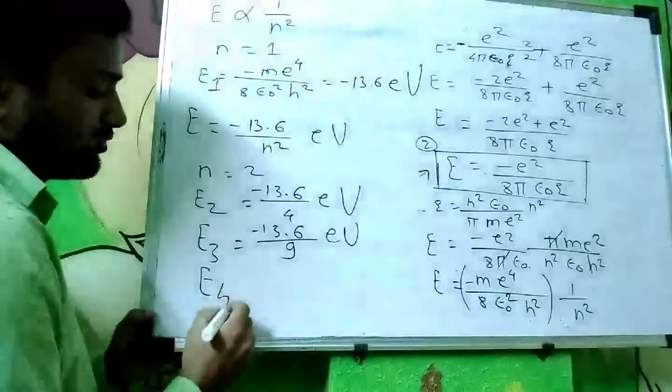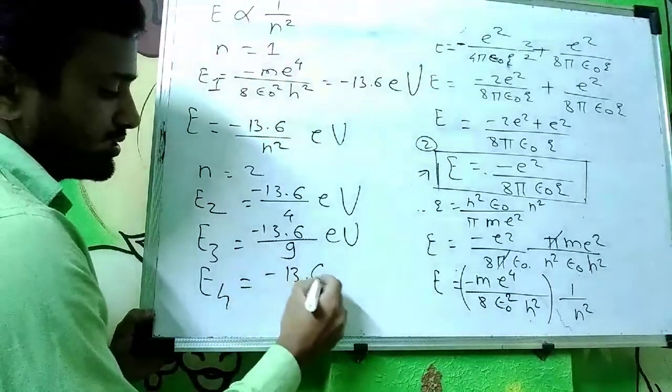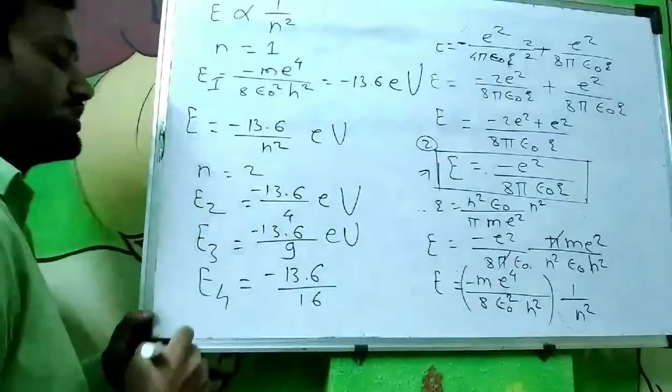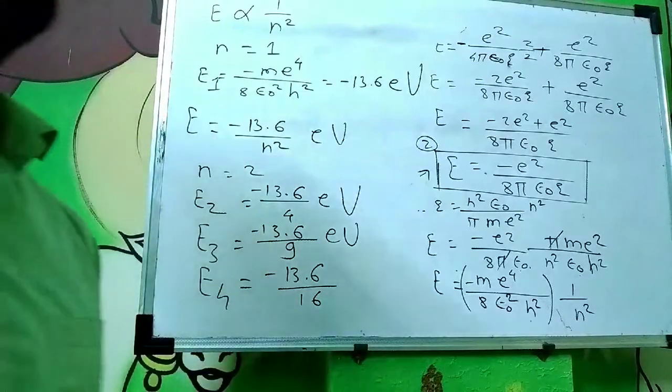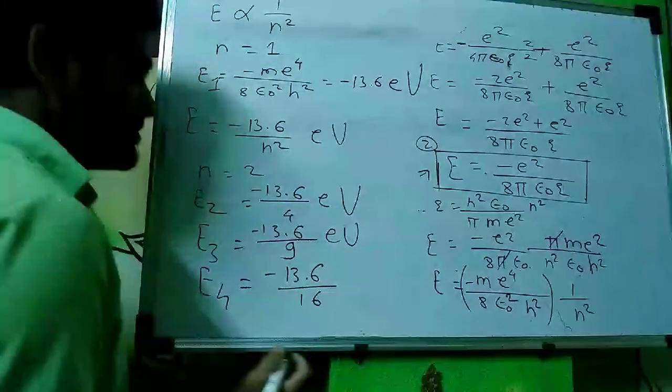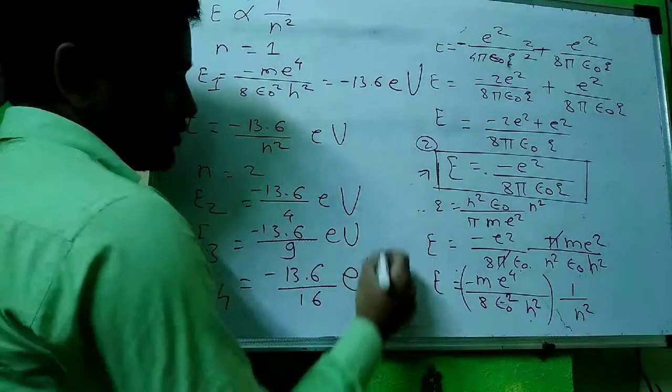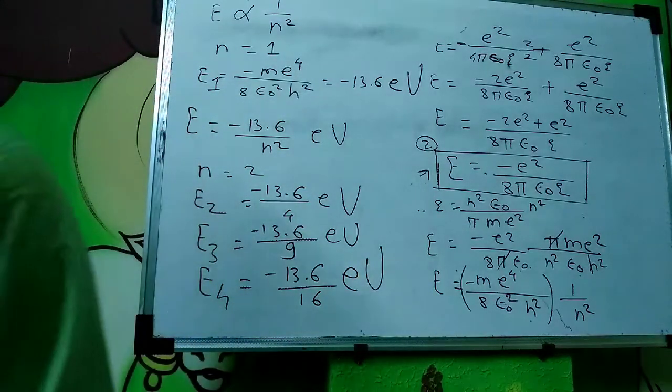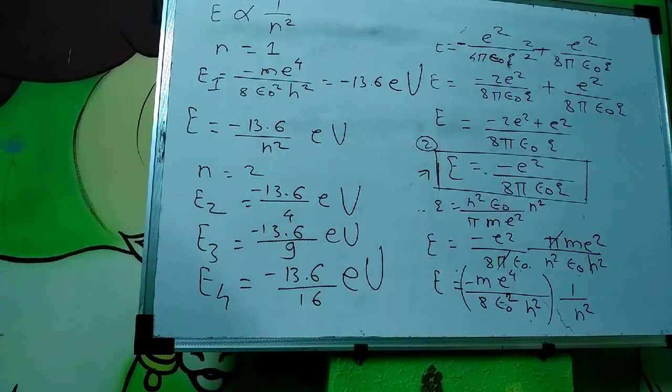For the fourth orbit we can write minus 13.6 divided by 16, because the square of 4 is 16, electron volt. So this way we can determine the energy of any orbit by using this equation of total energy. So this is the expression for the total energy of the Bohr orbit.